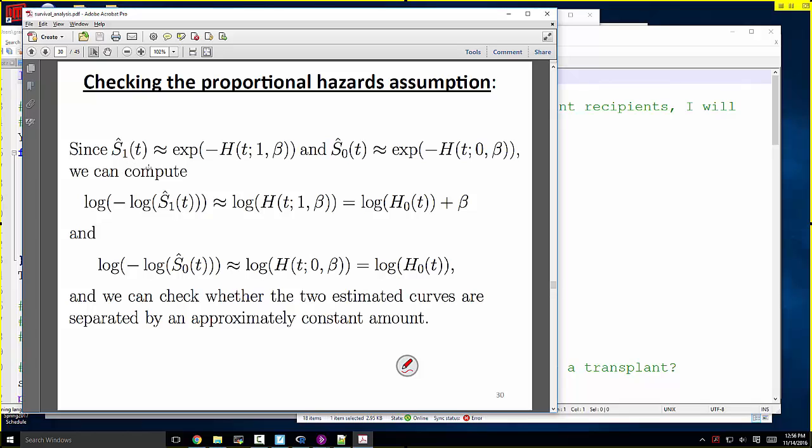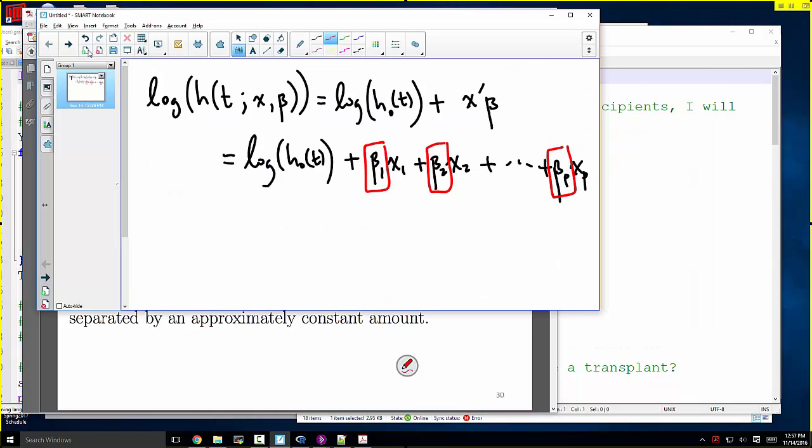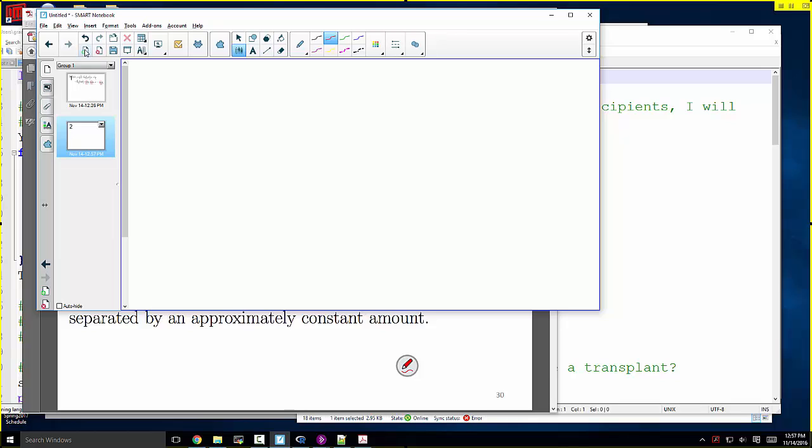Now, using the relationship between survival and cumulative hazard, because survival is equal to, or at least the estimated survival is approximately equal to e to the minus cumulative hazard, then let me write it over here, we have that S of t given x and beta is equal to e to the minus hazard function.